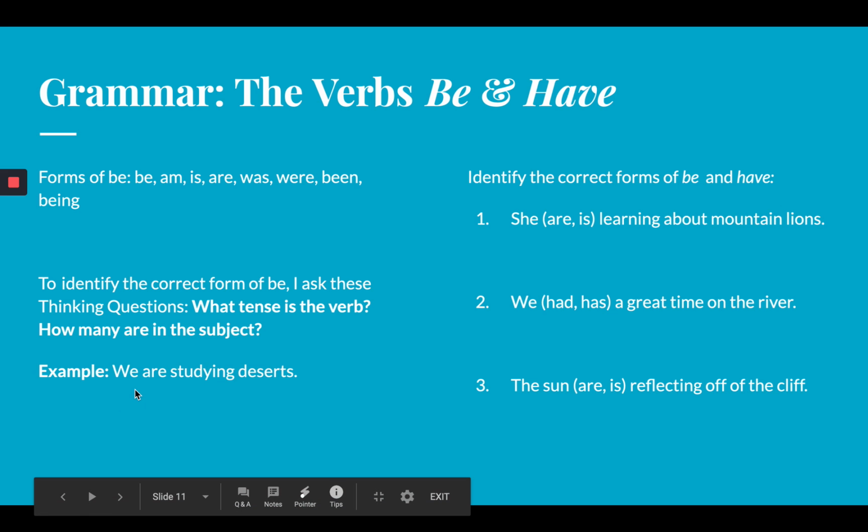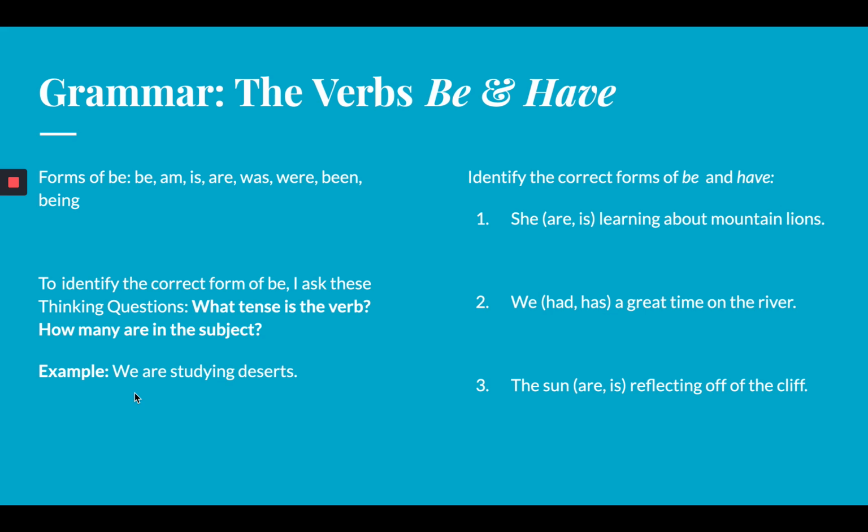What is the subject in this sentence? Who is this sentence about? If you said we, you are correct. Now I need to think to myself, is we singular or plural? I know that we is plural because it means more than one. So my form of be needs to also match my subject, so it needs to be plural.